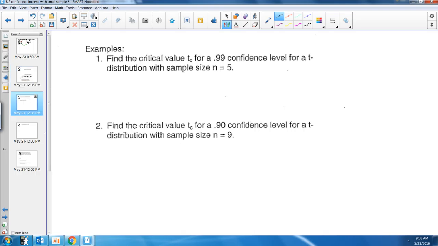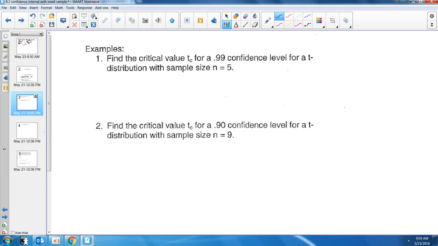Let's go look at the other ideas and find these T values. Instead of finding Z values, you're finding the T values. That's it. So find the critical value, T sub C, for 99% confidence level, for a t-distribution of sample size n equals 5.